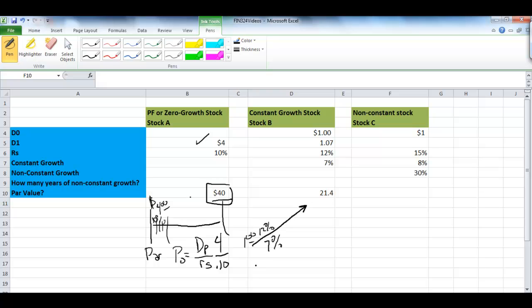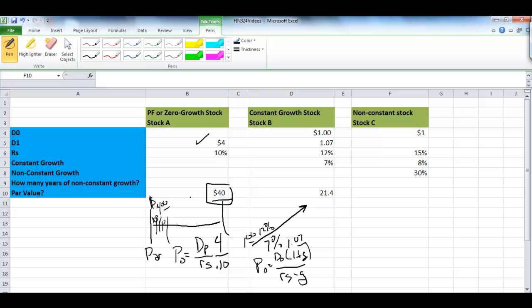So if I now use the model P0 equals D0 times 1 plus G, over RS minus G, the formula from the Gordon model, you can see that if I multiply $1 by 1.07, I did it here, I'll have $1.07 on top.